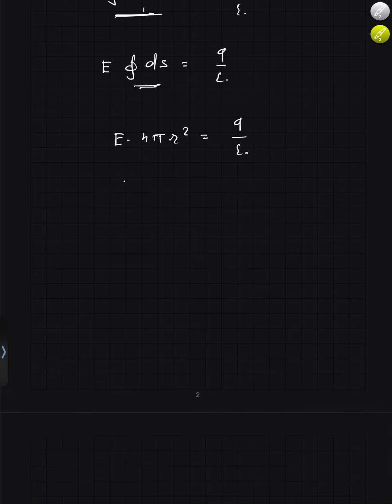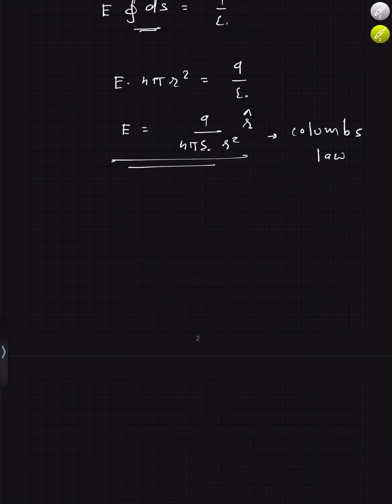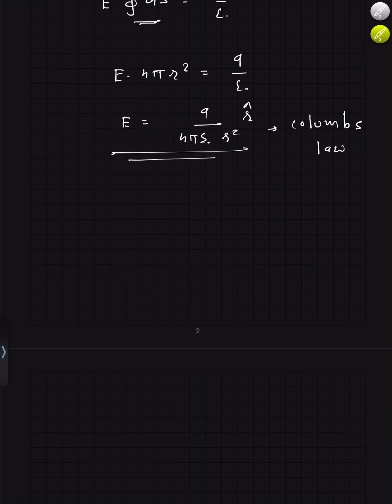So the electric field is given by q by 4 pi epsilon naught r square in the direction of r cap, which is the same as Coulomb's law. So this is a verification of Gauss law, which is correct because it gives the same result as Coulomb's law.